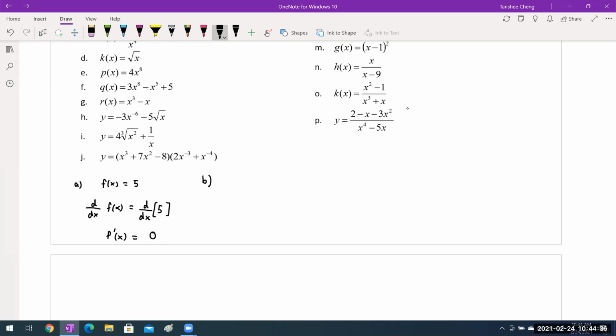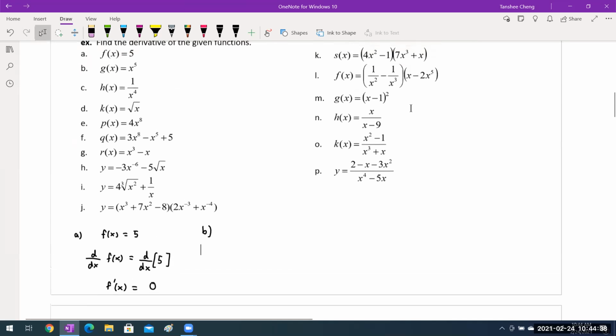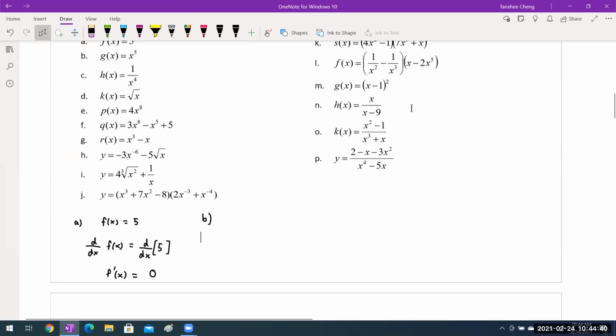B. g of x equal to x to the 5th power. So when we take the derivative with respect to x on both sides of the equation, this is the power function that we are taking.